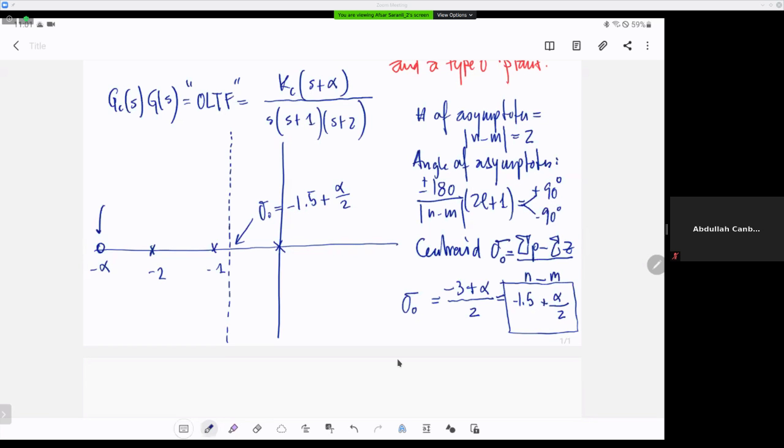Over here, again, an even number of poles and zeros, so this part is not part of the root locus. Then we come here between minus 2 and minus alpha, in which case it is again part of the root locus.